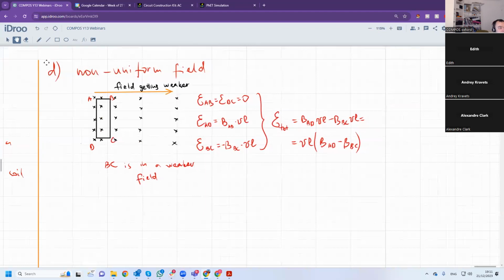BC is in a weaker field, so EMF AD is greater than EMF BC. Therefore, current flows in the coil.